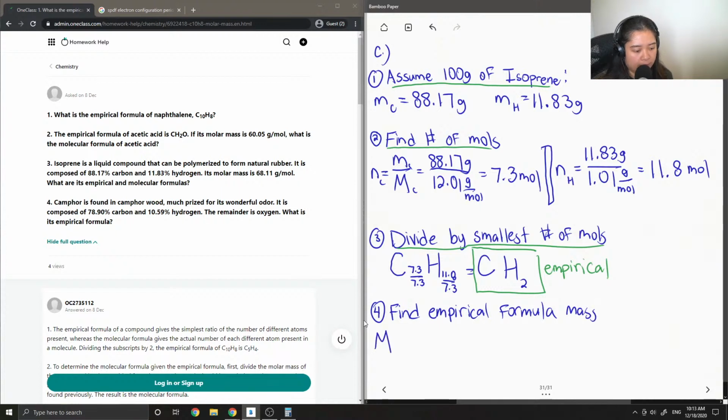So I'm just going to write molar mass of CH2 is equal to 12.01 plus 2 times 1.01, and its mass is around 14.03.